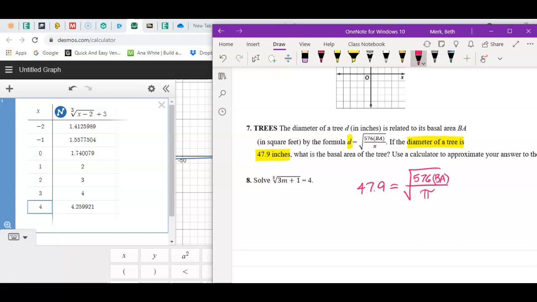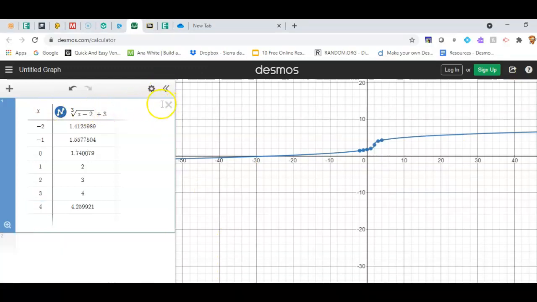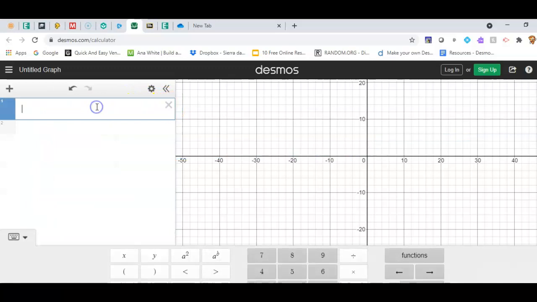So now I need to solve this. First, I'm going to square both sides to kill the square root and eliminate that. On my calculator over here, I'll do 47.9 squared, and I get 2294.41.